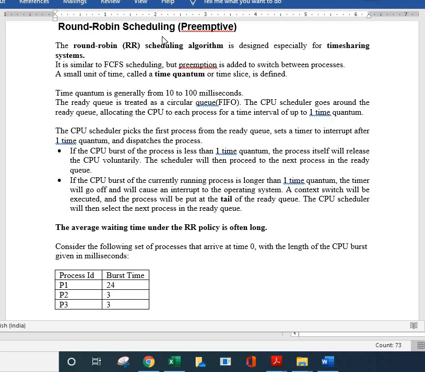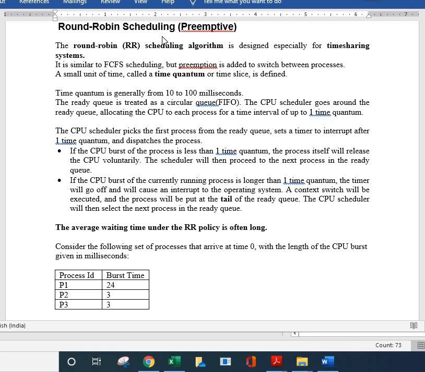So if person 1 is going to make use of the system, let him use it for 2 minutes, and later the same system will be allocated to person 2, and he will be using it for the same time slice, that is 2 minutes itself. And then person 3 will be using it for 2 minutes.